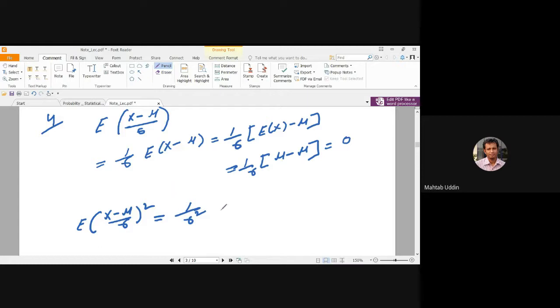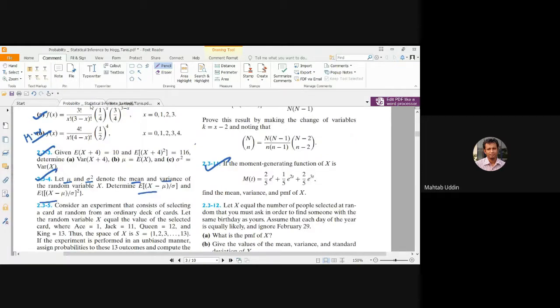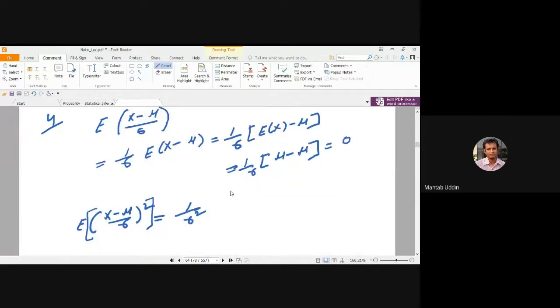I think the question is like this, right? And within the bracket we have to square this, so it will be x square minus 2 mu x plus mu square.